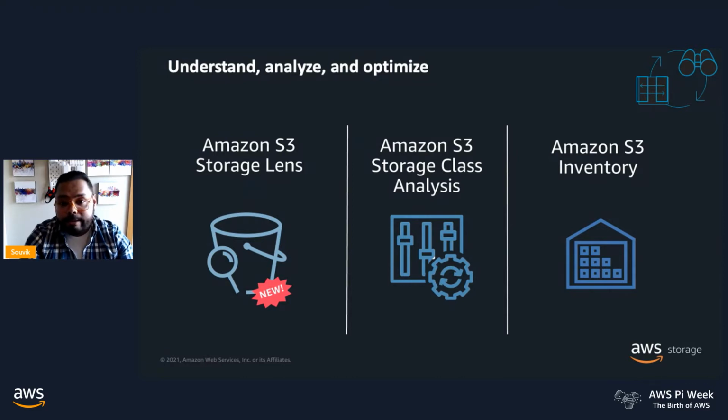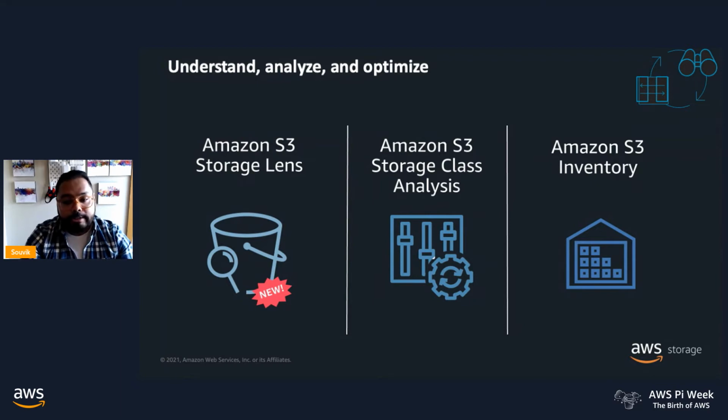To help, S3 continues to innovate by building features that let you manage data per account, bucket, and object levels, and make changes across tens of billions of objects just with a few clicks. Our newest feature is S3 Storage Lens, as Alex just mentioned, which provides centralized organization-wide visibility into your S3 storage usage and activity, as well as recommendations to optimize your storage.